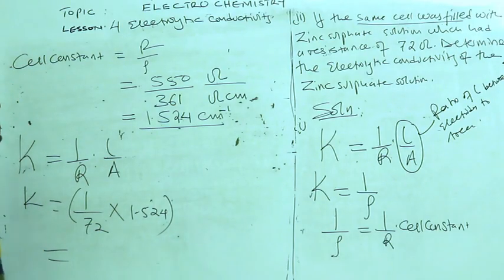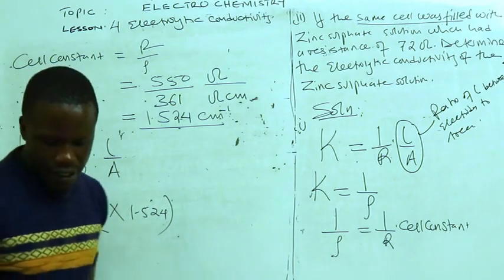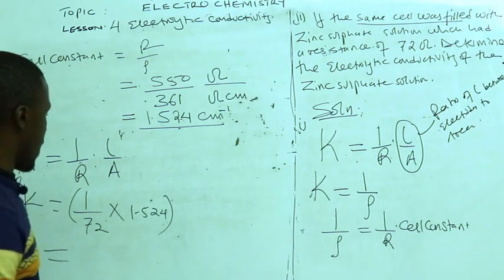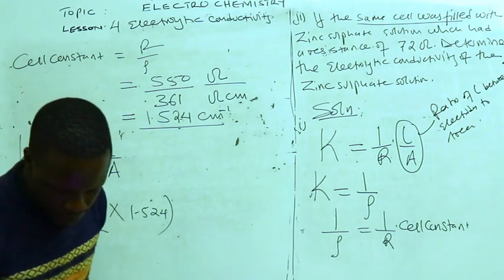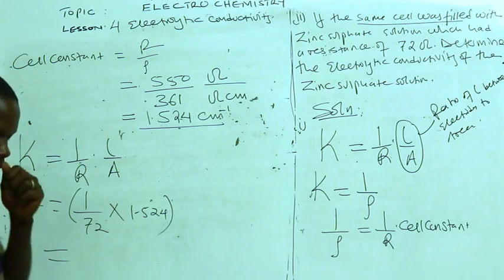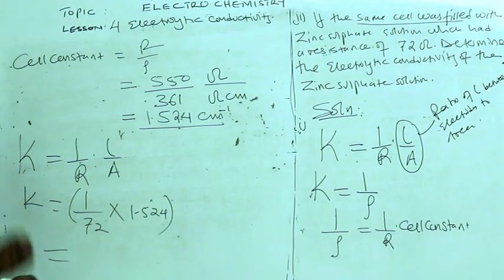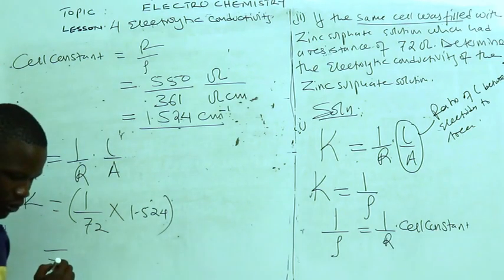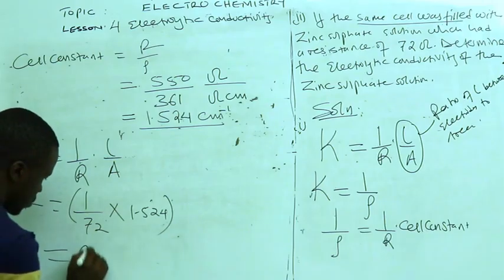And this would give us that value divided by 72, giving us the electrolytic conductivity as 0.021.